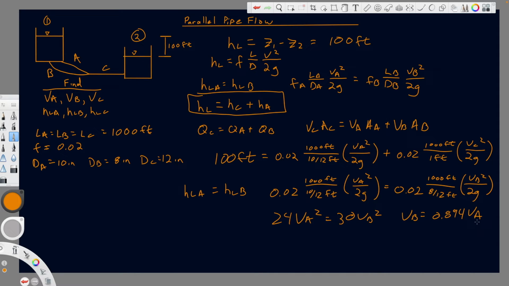So QC equals QA plus QB is going to be VC times pi DC squared over 4 is equal to VA pi dA squared over 4 plus, now here we have VB, right?